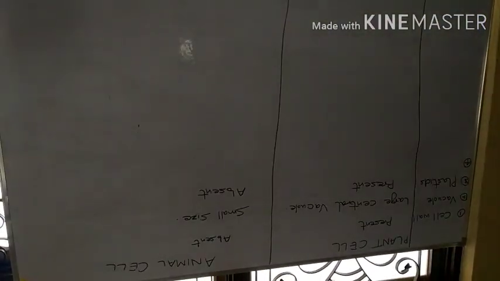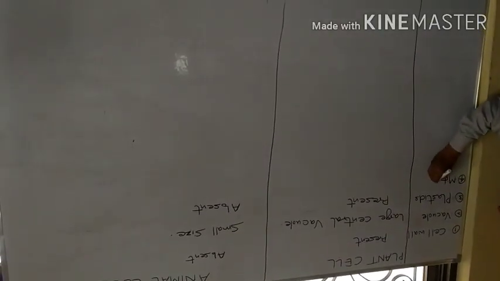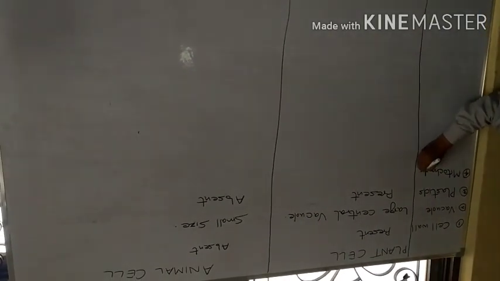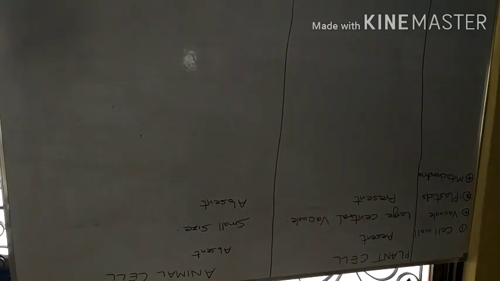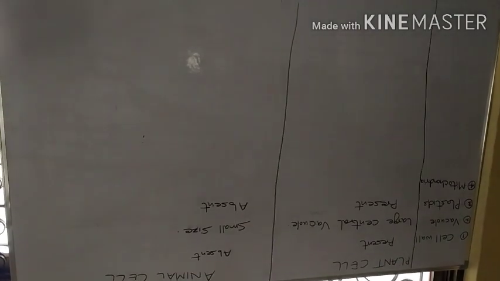Fourth is mitochondria. See, mitochondria is present in both plant cell and animal cell.